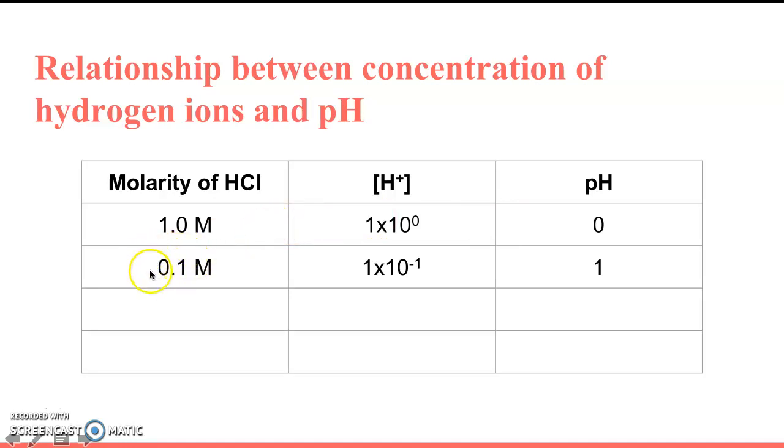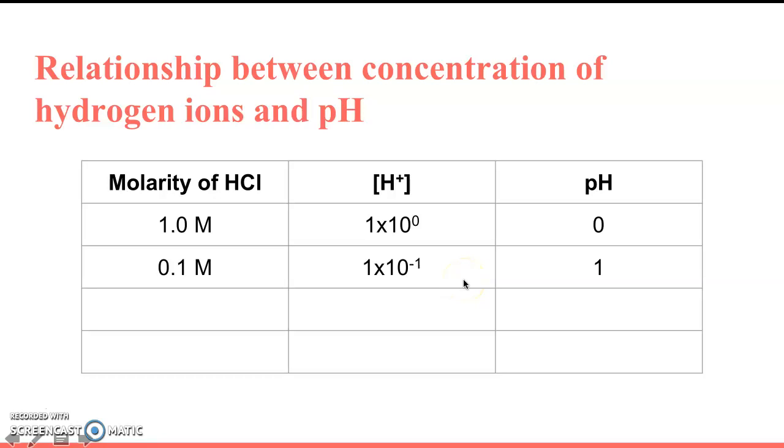If we have a 0.1 molar hydrochloric acid solution, this is equivalent to 1 times 10 to the negative first in scientific notation, which is equivalent to a pH of 1. So we're essentially ignoring the fact this is a negative 1, looking at the superscript, pH of 1.